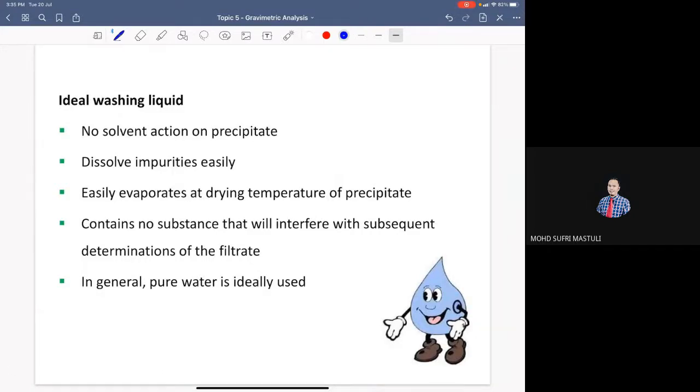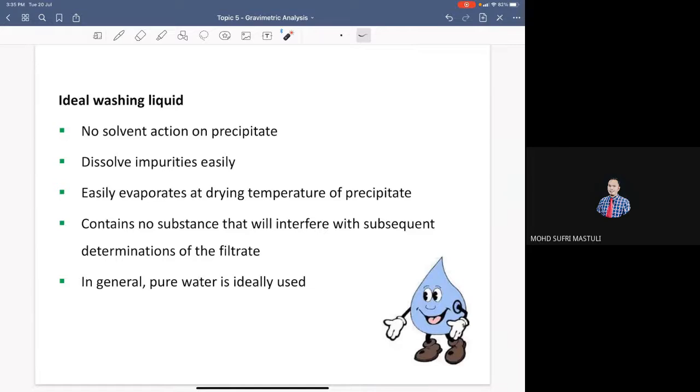Okay, so the ideal washing liquid, the liquid that can be used as a washing solution. Supposedly, the solvent has no reaction with the precipitate. It should dissolve the impurities easily.